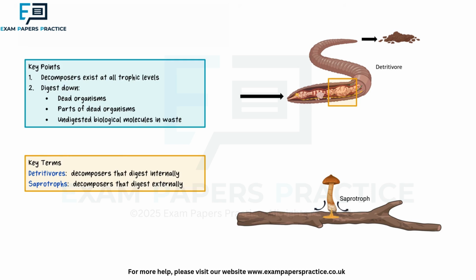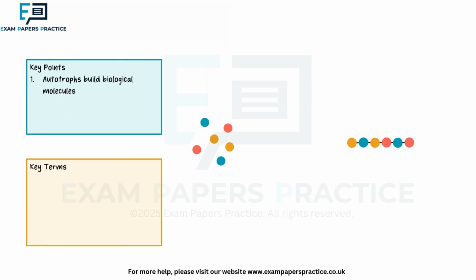The enzymes externally digest down the cellulose and other organic molecules, and then the mushroom absorbs those broken down molecules into its tissues. Let's take a closer look at how biological molecules can both store and release chemical energy.